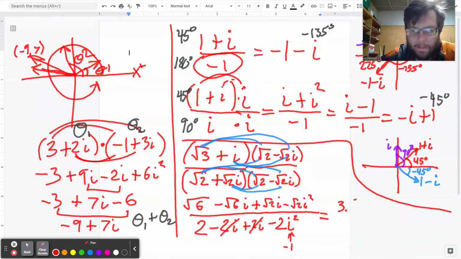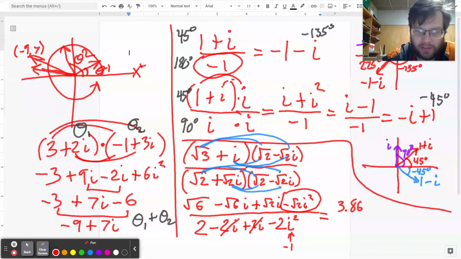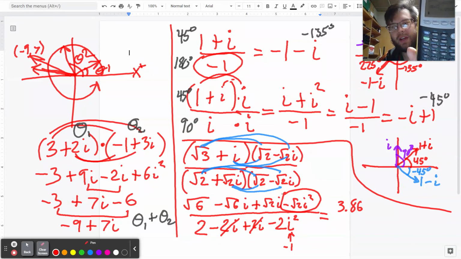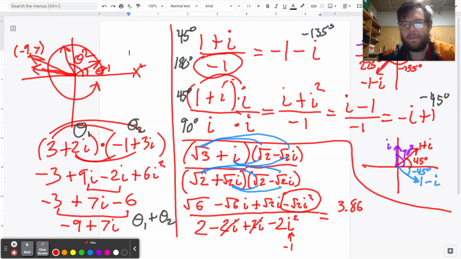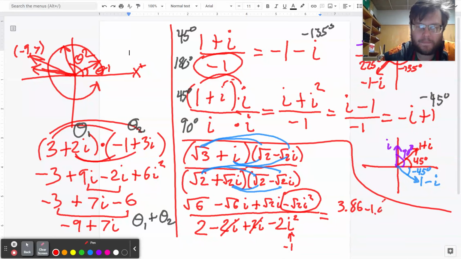3.86. By the way, I made this into a plus square root of 2 because of the same i squared thing. Then I've got negative square root of 6 plus square root of 2. That's what I've got tacked on to the i value. Over here on the bottom, I've got 2 plus 2, which makes 4.